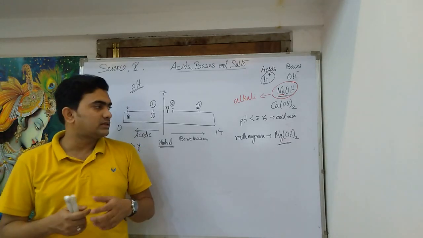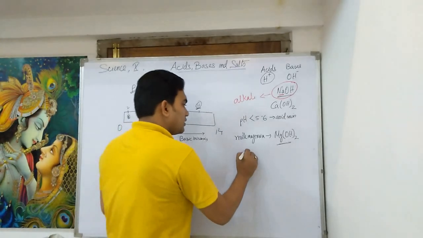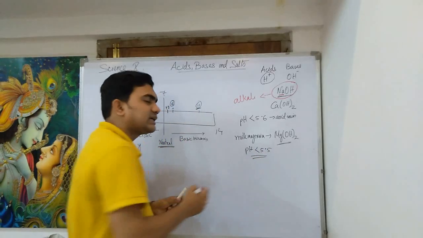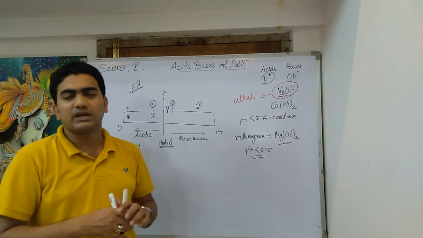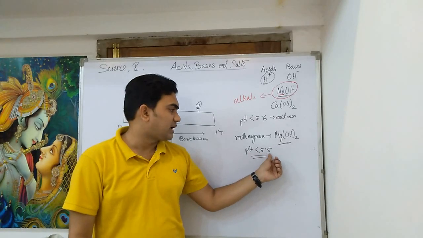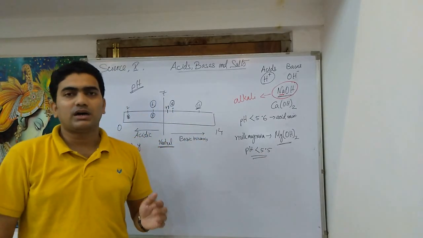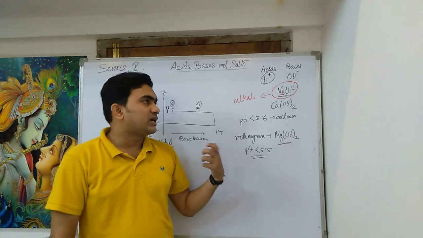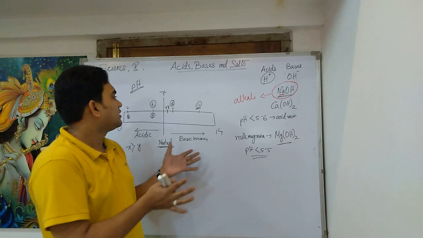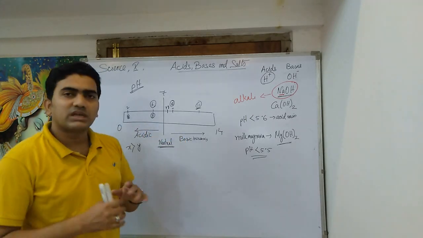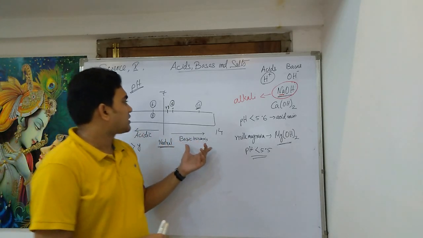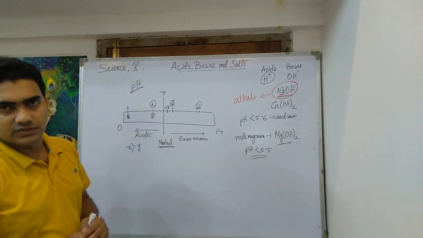When the pH drops below 5.5, tooth decay starts. There are several other things where we can use this pH. Almost everywhere in chemistry, we can compare the acidic or basic character based on the pH of a solution.